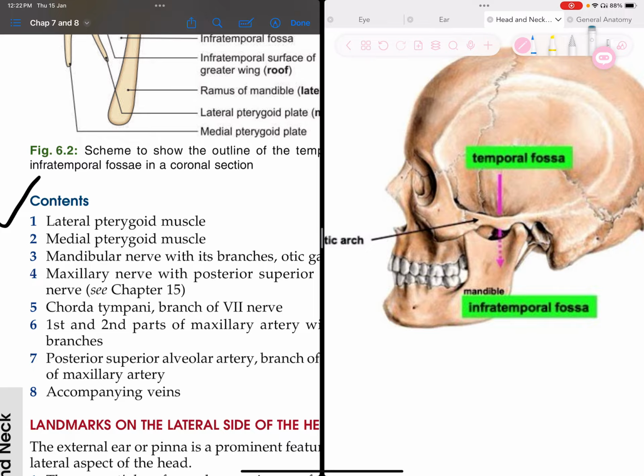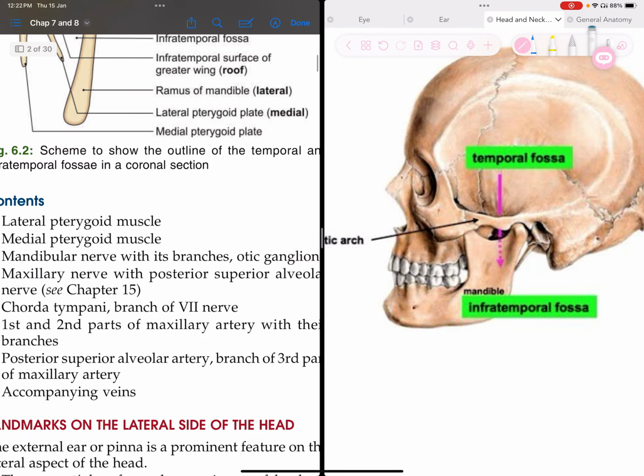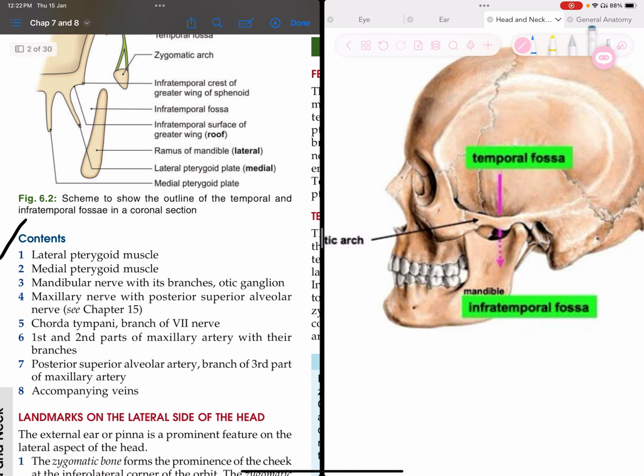You'll have the mandibular nerve with its branches, and let me just open the table of this. There you can see that the lateral and medial pterygoid muscles are supplied by the mandibular division of the trigeminal nerve, right? So when you talk about the medial and lateral pterygoids, you can see the diagram.